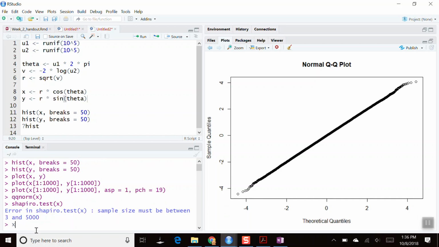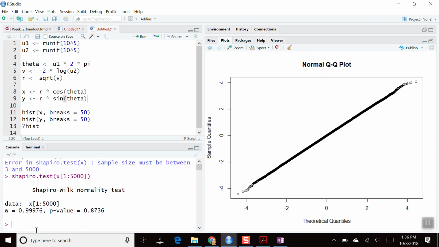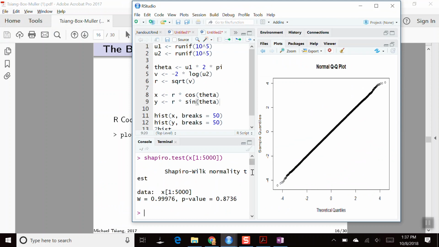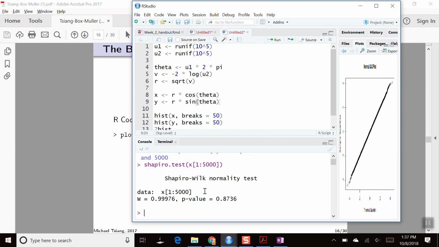So let's do Shapiro test for the first 5,000 values, okay? When I ask for a Shapiro-Wilk normality test on the first 5,000 values in our sample, it gives me a p-value of 0.87, which means I have no reason to doubt that our values come from a normal distribution. Okay.